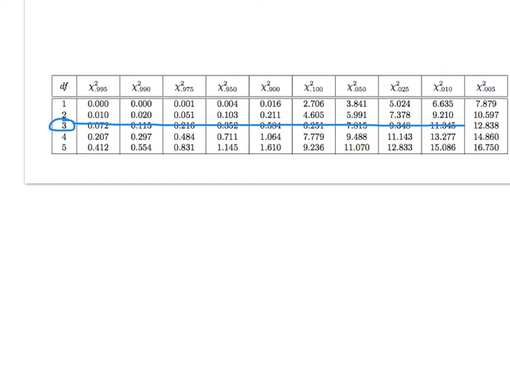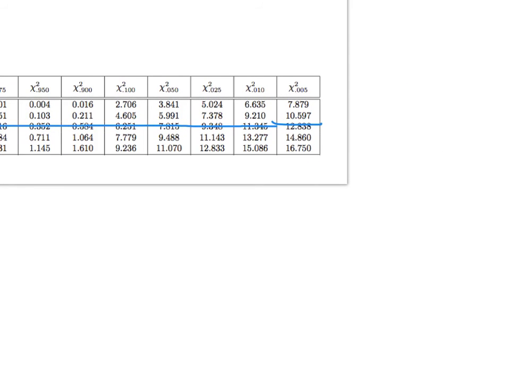Wait, 31. Sorry, that's way over there. So what's the p-value? These are all the p-values, the probability that the null hypothesis is correct.